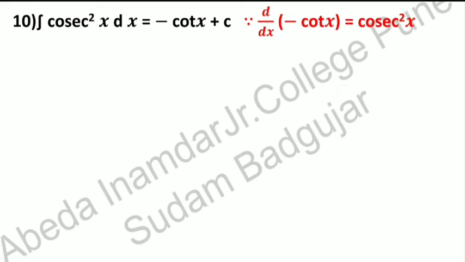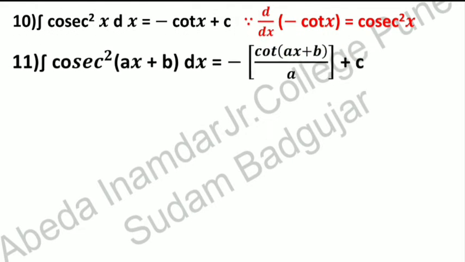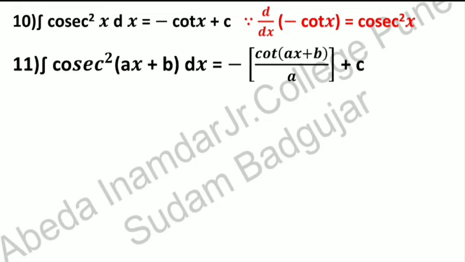What is the derivative of cot x? Minus cosec square x. So, the derivative of minus cot x is equal to plus cosec square x. Hence, the integration of cosec square x dx is equal to minus cot x plus c. Generalizing this, the integration of cosec square of ax plus b into dx is equal to minus cot of ax plus b divided by the coefficient of x, plus c.